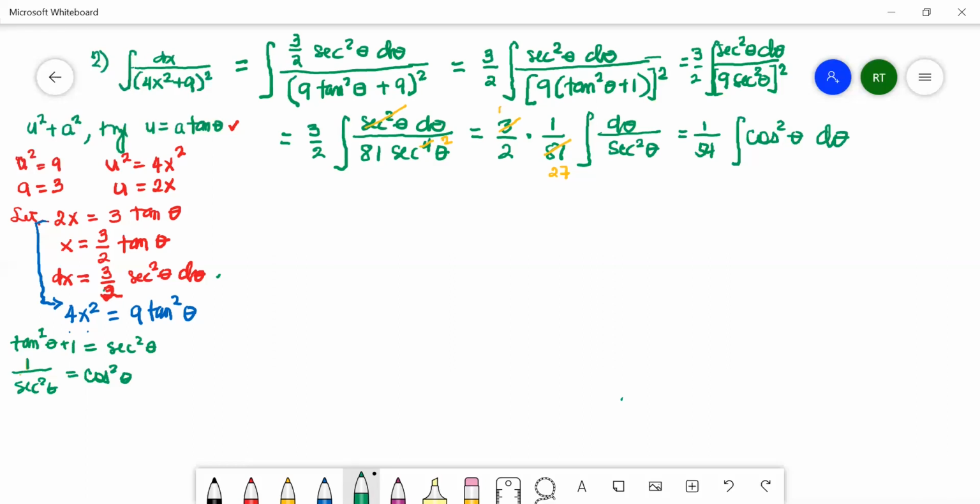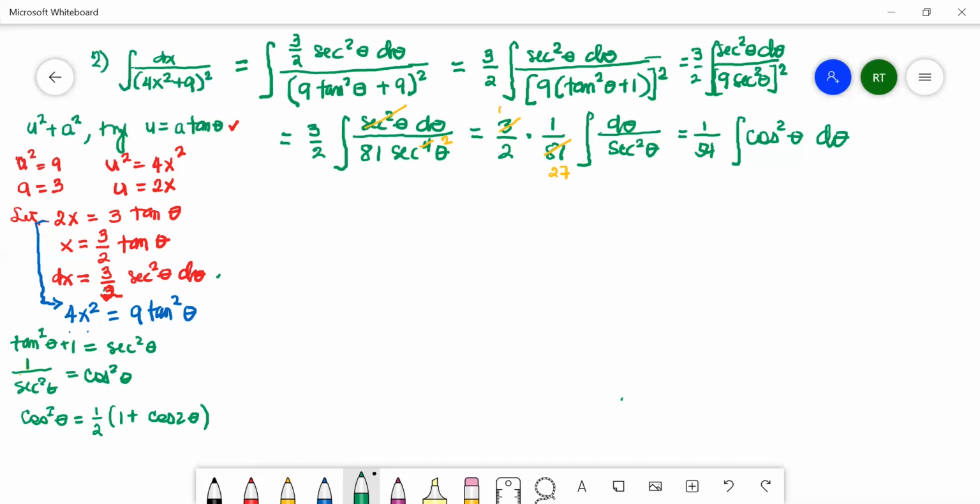Since the integrand involves cosine square of theta, we use the half angle identity that cosine square of theta is equal to 1/2 of 1 plus cosine of 2 theta. Please recall this transformation by trigonometric formula where the exponent of cosine is even.